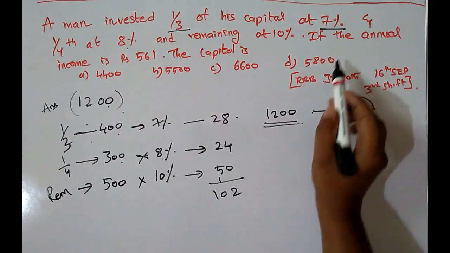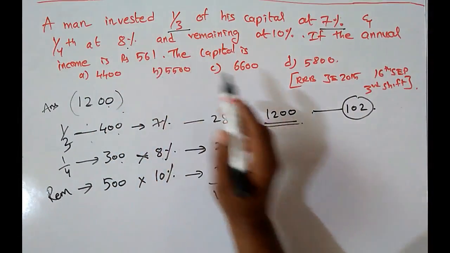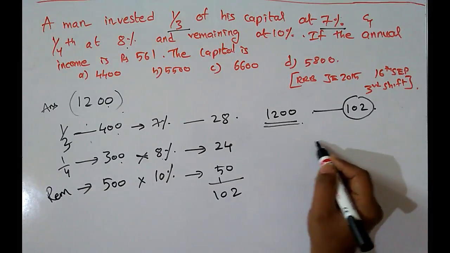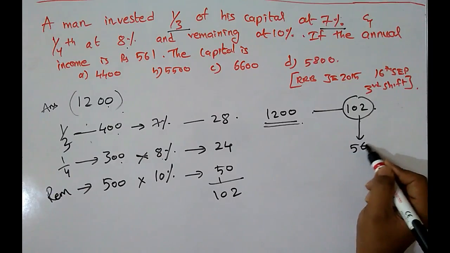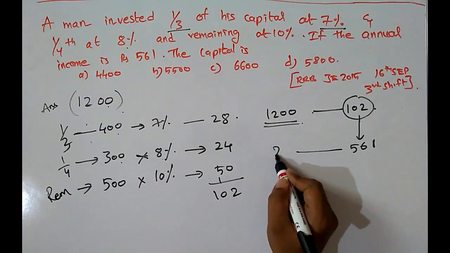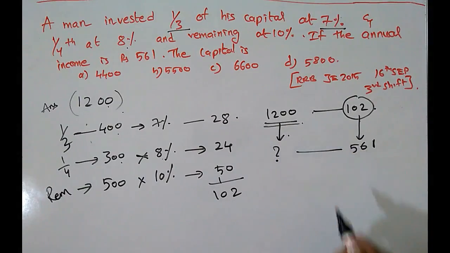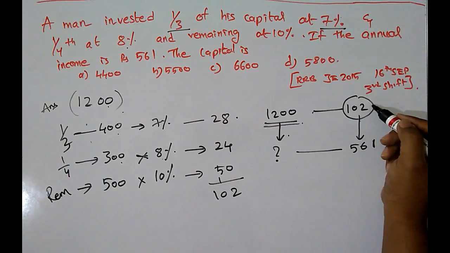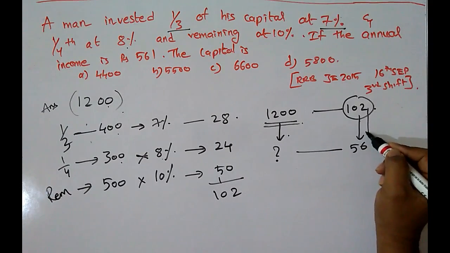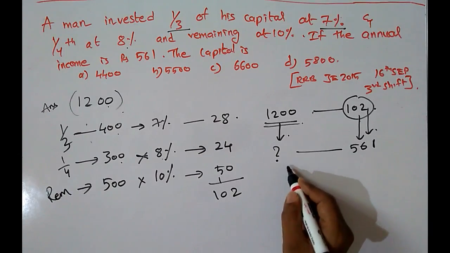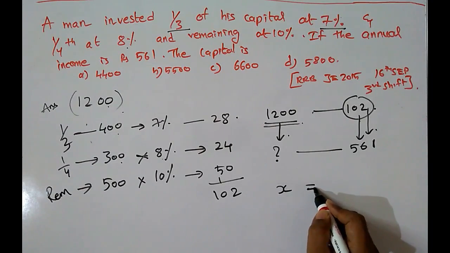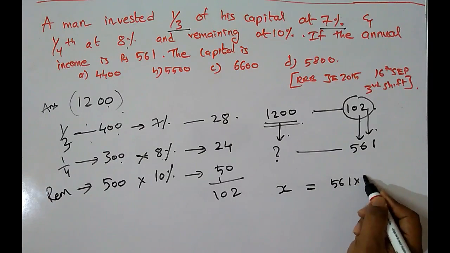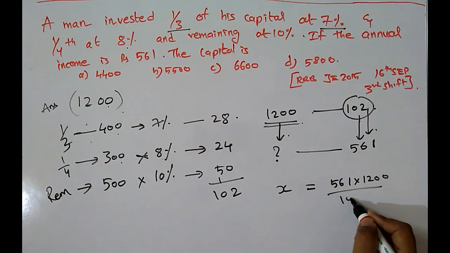But here in the question, the annual income is rupees 561. That is, he is telling that this 102 corresponds to 561. Then what corresponds to 1200 we have to find. Okay friends, if we take the ratio, x is equal to 561 into 1200 by 102.